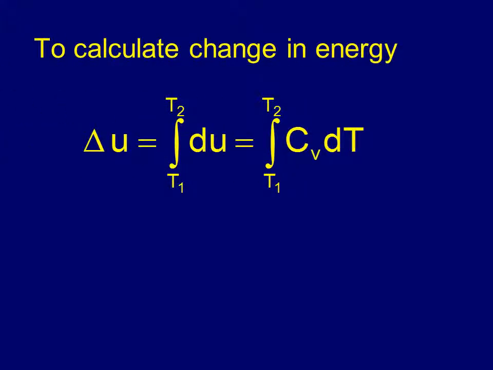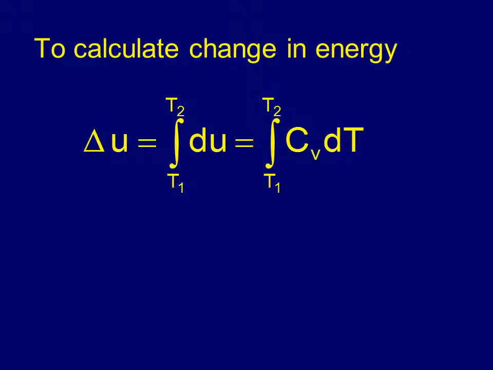Now, if we want to calculate a total change in energy, we really have to integrate. What I haven't pointed out too much in the past is that Cv itself is a function of temperature, so it's changing with temperature. If you have wide swings in temperature, then you have to integrate it.